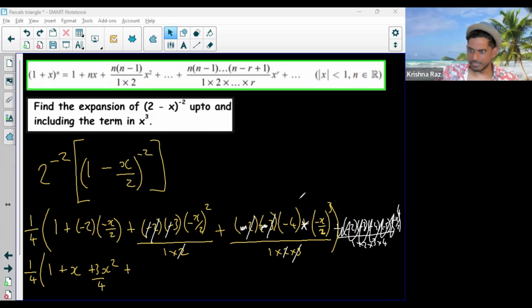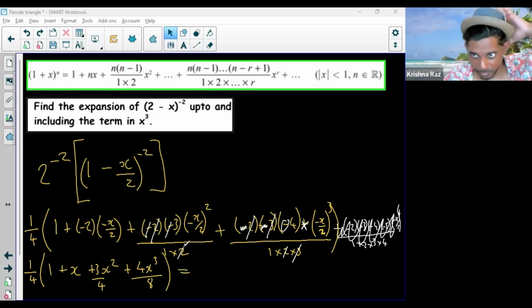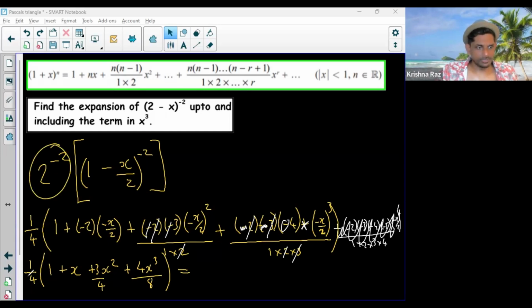Yeah? So we have a minus x cubed is negative, but times by this negative will make it positive again. I've got a 4x cubed all over 2 cubed, which is 8. And now we can simplify. So now I can multiply that 2 to the power minus 2 that I took out at the beginning here. Yes, which is the same as 1 over 4.